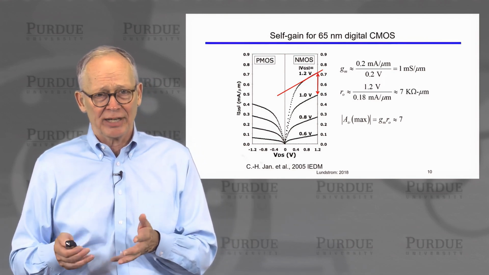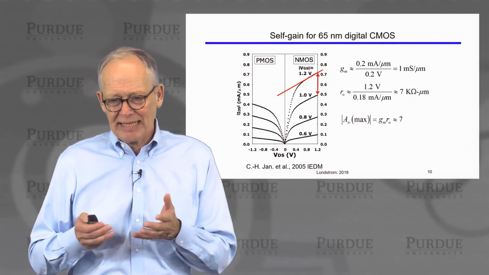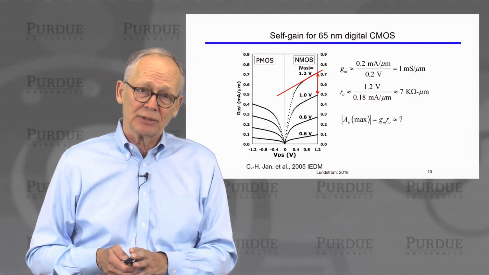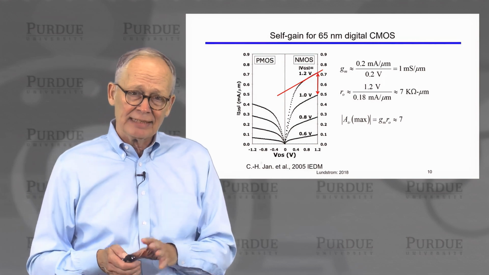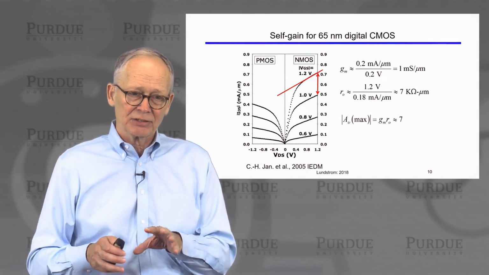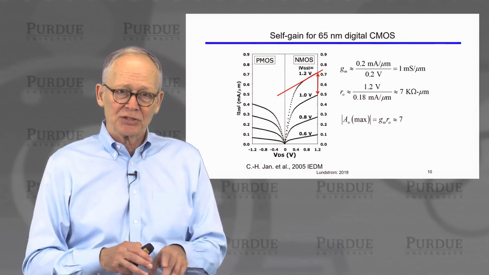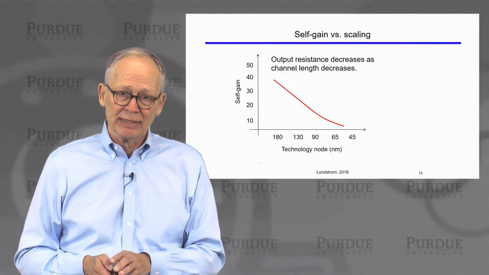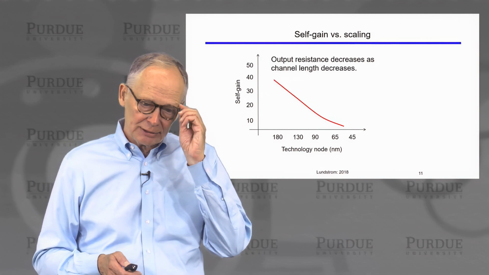Self-gain tends to be much higher, 10, 20, 30 times higher for a bipolar transistor. But this is adequate for many of our applications, and since many of our applications are using both CMOS digital and we need some analog to go along with it, we very often implement analog functions in CMOS.